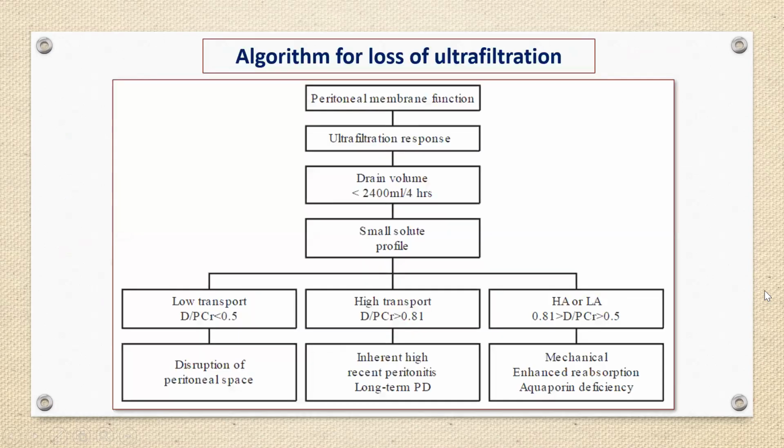So we will assess the peritoneal membrane function by ultrafiltration response. Drain volume is less than 400 ml in 4 hours. We will see whether it is a low transporter, high transporter, or high average or low average transporter. In a low transporter, the D/P creatinine ratio is less than 0.5, and there is generally disruption of the peritoneal surface.